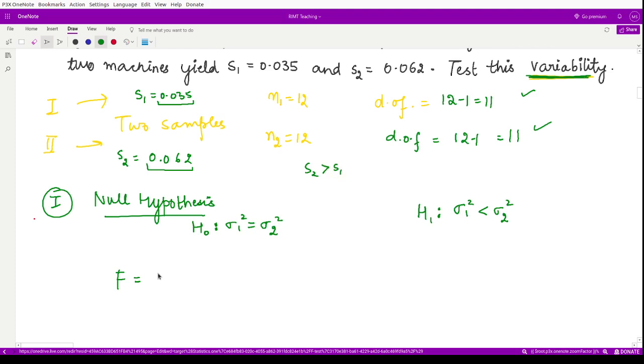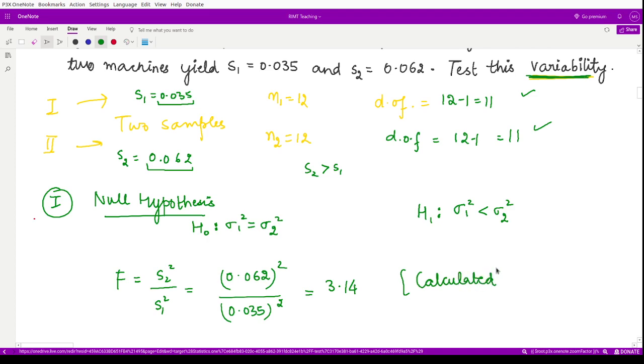So accordingly you will have the formula S2 square divided by S1 square, that means the variance of the second machine divided by the variance of the first machine. So your values would be 0.062 whole square divided by 0.035 whole square. When you compute this, it would be 3.14. So this would be the calculated value for F. You may calculate this and verify whether you get the same result or not.